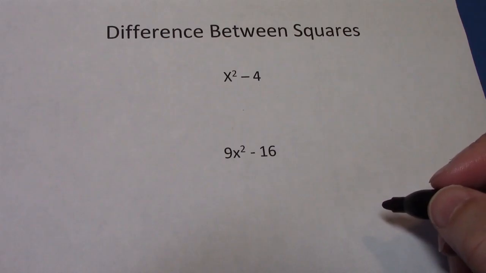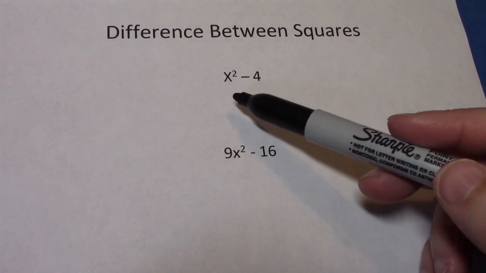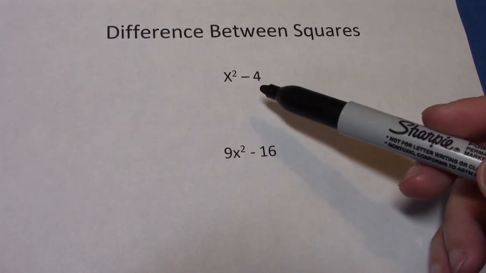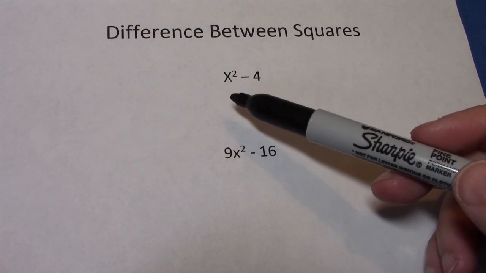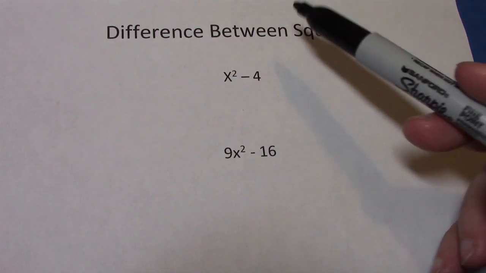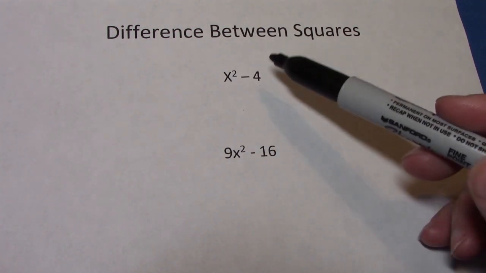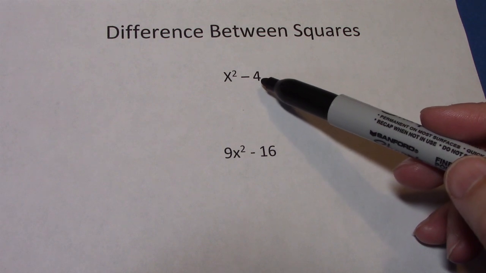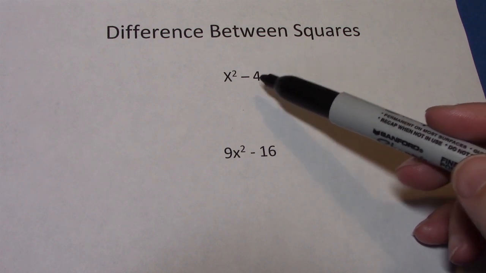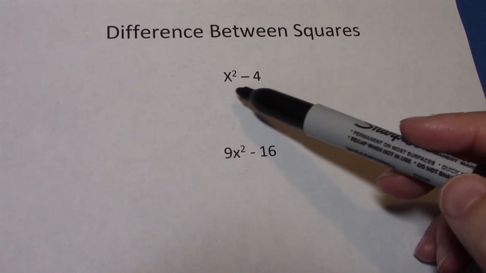Let's talk about one more part of factoring with FOIL that looks a little bit different, and that's when a binomial can be factored into two binomials. They're a special kind of binomial, though, and that's called the difference between squares. When the first term is a perfect square, like x squared, and the second term is a perfect square, like 4, and it's a minus, it's a difference between these two squares.